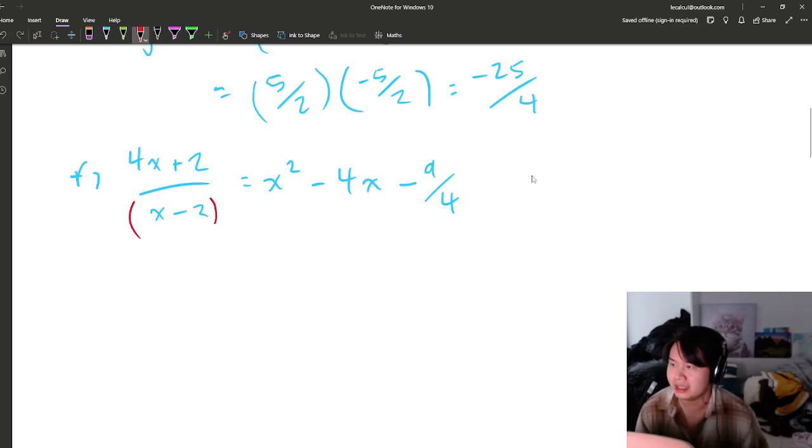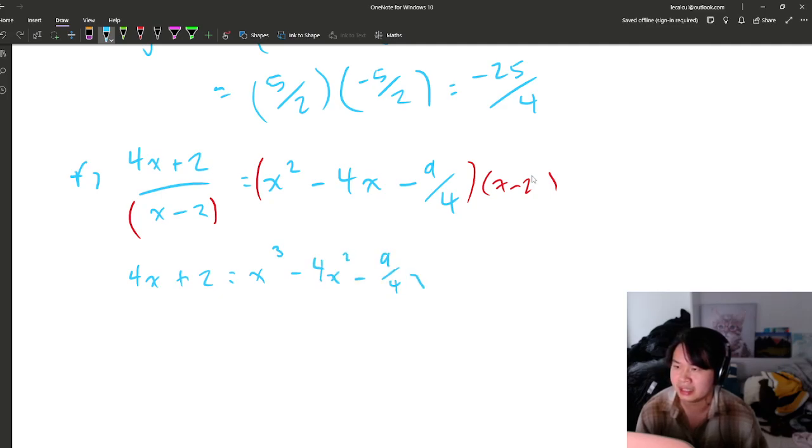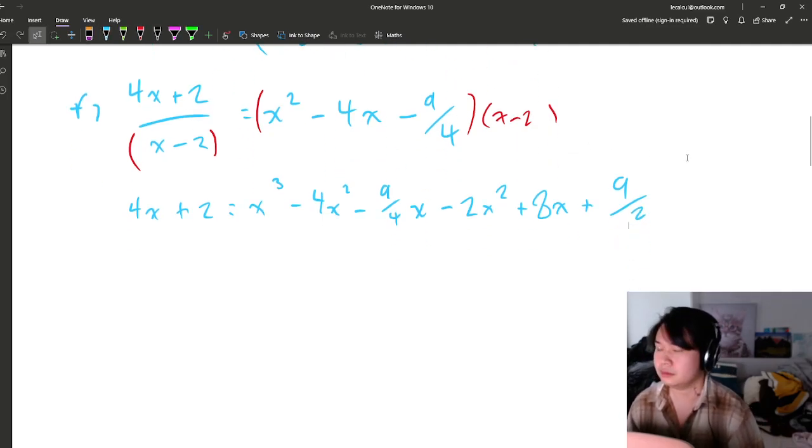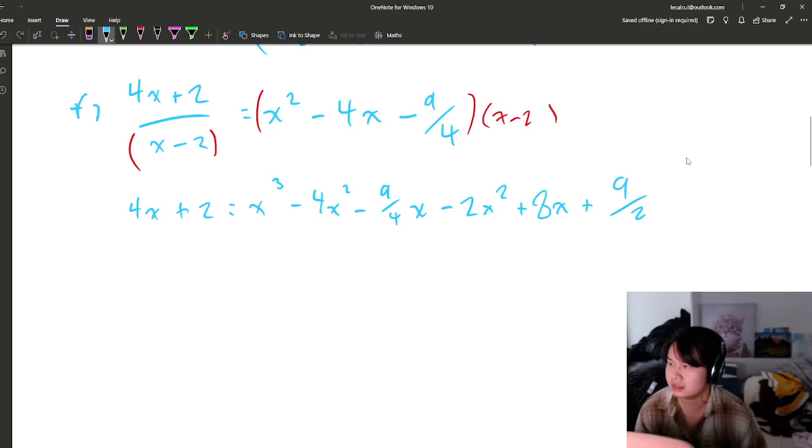So multiply the x minus 2 over here and expand it out. So we've got x cubed minus 4x squared minus 9 over 4x minus 2x squared plus 8x plus 9 over 2. And then have the left side be 0.